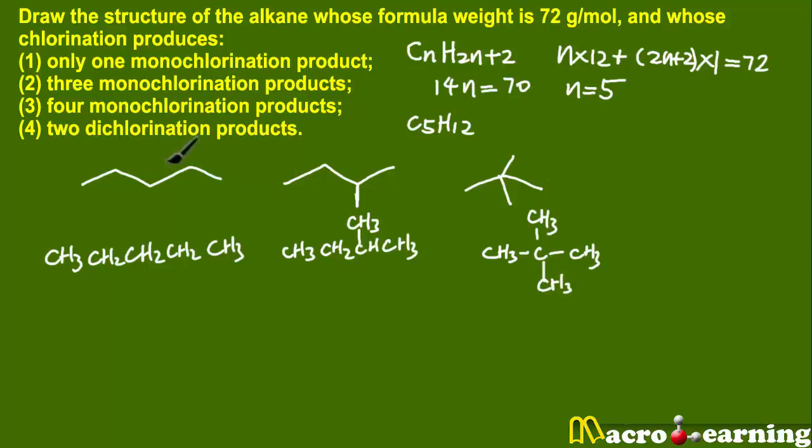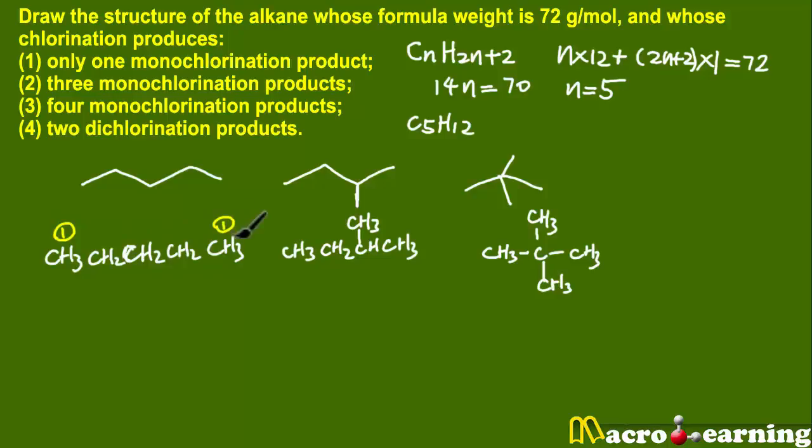Okay, so when it comes to monochlorination, it comes down to the question of how many different types of hydrogen you have in each structure. For this one, let's label the hydrogens. This is type 1 hydrogen. This is also type 1. I'm calling it 1, just starting with the ones on the ends.